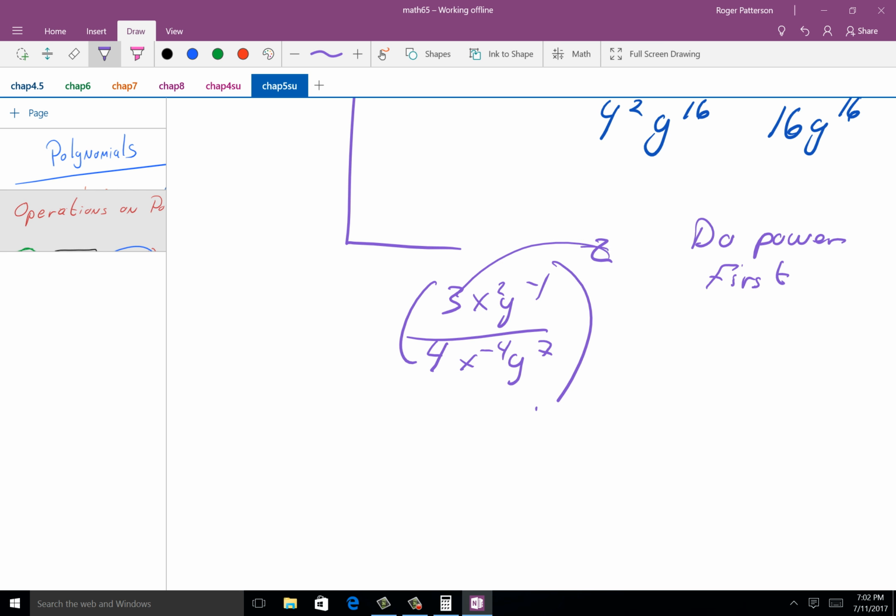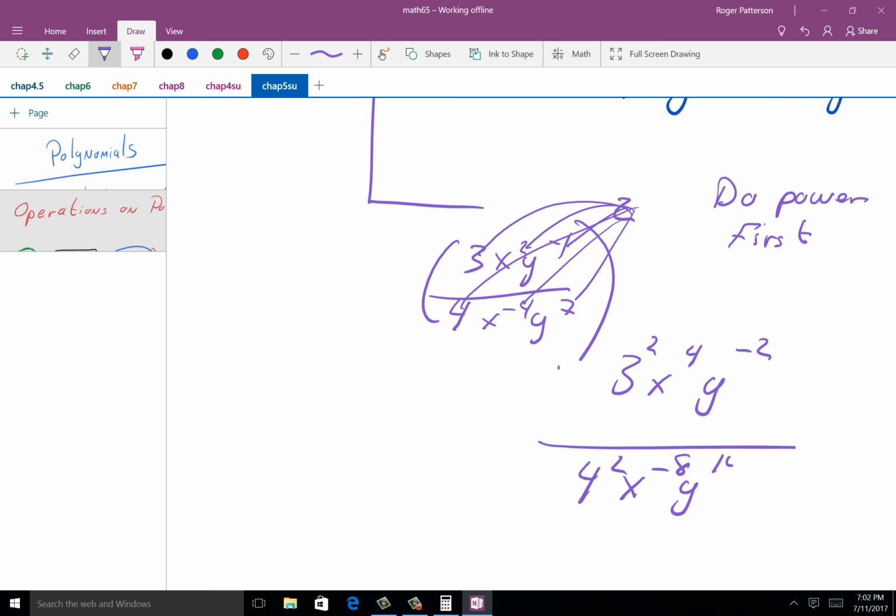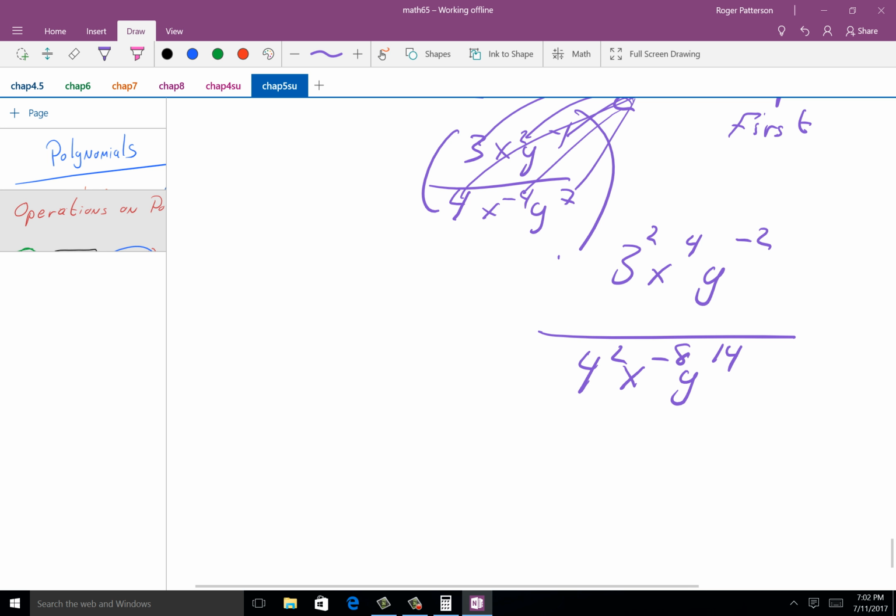So I'm going to do this first. 3 to the 2nd, x to the 4th, y to the -2nd, 4 to the 2nd, x to the -8, y to the 14th. Okay? So I do that first.